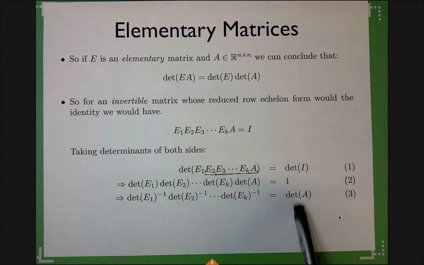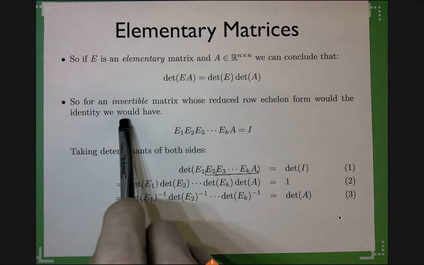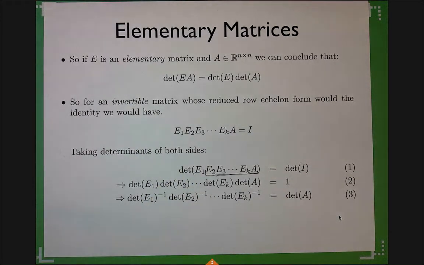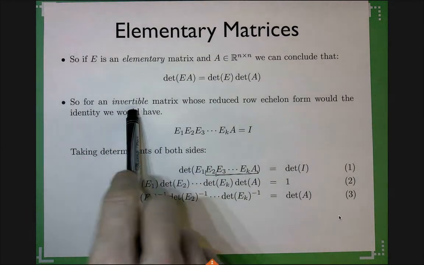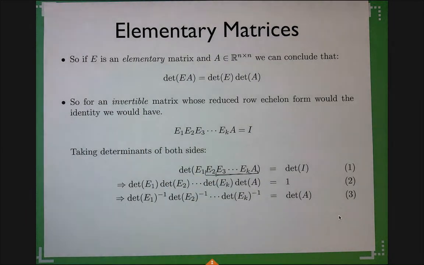This already tells me one way how I can compute the determinant of an arbitrary invertible matrix. I mean arbitrary but still square, and I assumed invertibility here. So this already tells us something interesting about how to compute the determinant in a not completely general case.